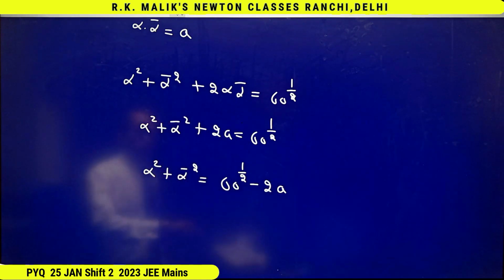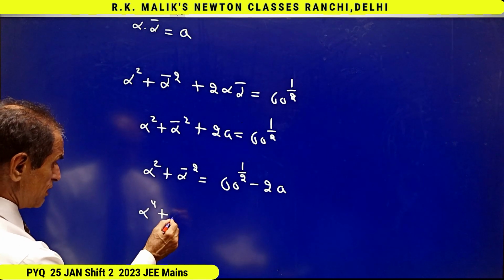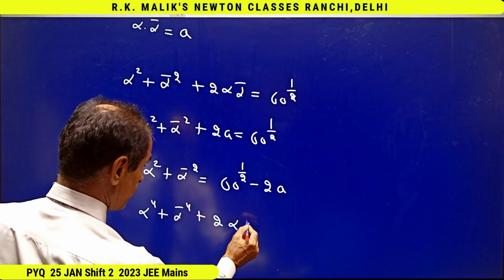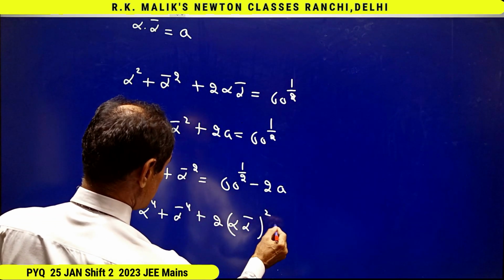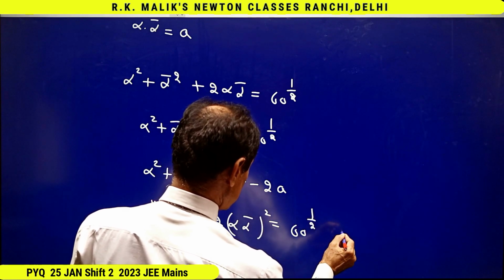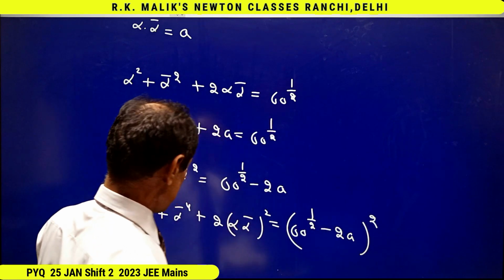And now again squaring both sides, I get alpha to the power 4 plus alpha bar to the power 4 plus 2 alpha alpha bar whole square equal to 60 to the power 1 by 2 minus 2A whole square.